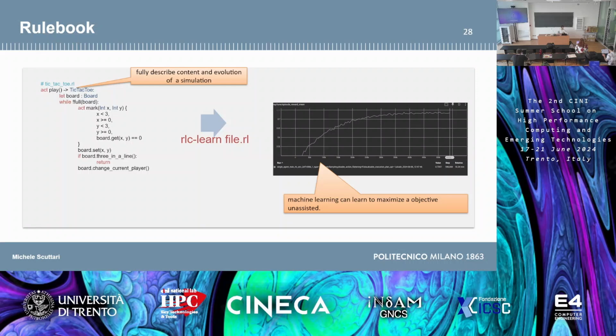Since the program describes all the possible transitions of the simulation, you are able to throw machine learning on it completely unassisted, as in you only provide this file, and then you invoke a single program, which will inspect the program, figure out what it can do, and then run machine learning on it.